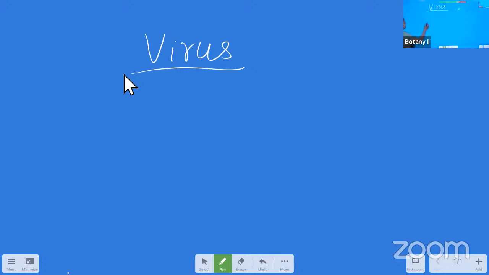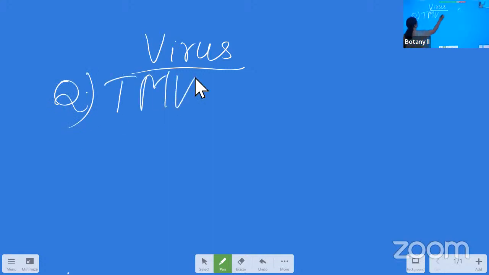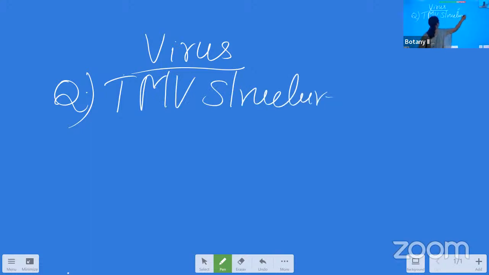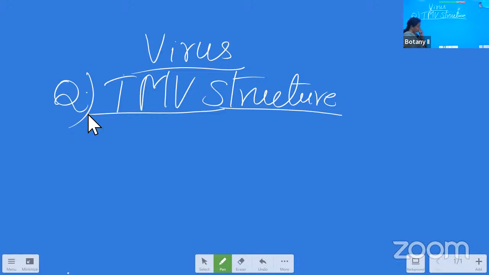In the virus chapter, the first expected question is the structure of TMV. What we have to concentrate on here is how to write the answer and how to draw the diagram.